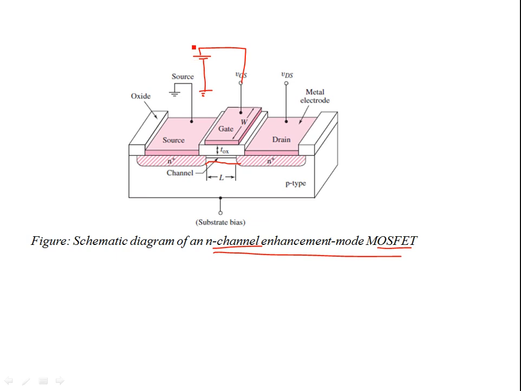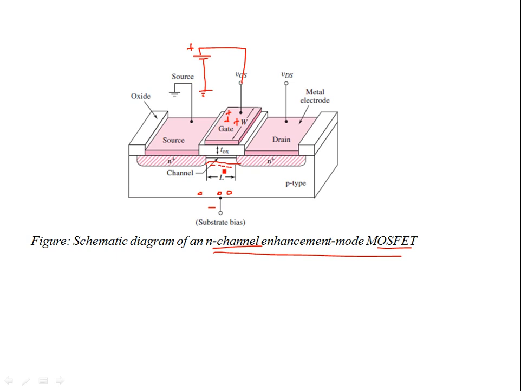If you apply a positive gate voltage, the metal gate accumulates positive charges, and then the substrate is relatively negatively charged, so most of the holes accumulate at the bottom of the substrate, leaving the minority carriers up above, between the source and drain doped regions.